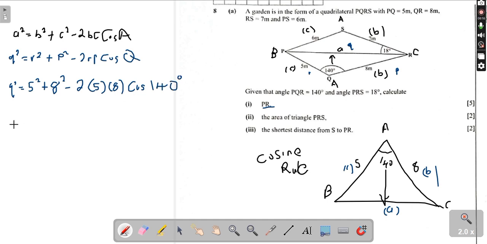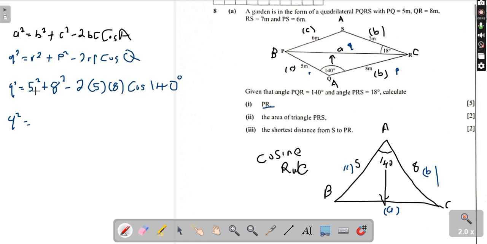So you come down here, Q squared is equal to, now here is just the use of a calculator. Use your scientific calculators. Paper 2 allows you to work with calculators. Make sure your calculator is in degrees. Sometimes you find that calculators are in radians, and that can give you different answers.